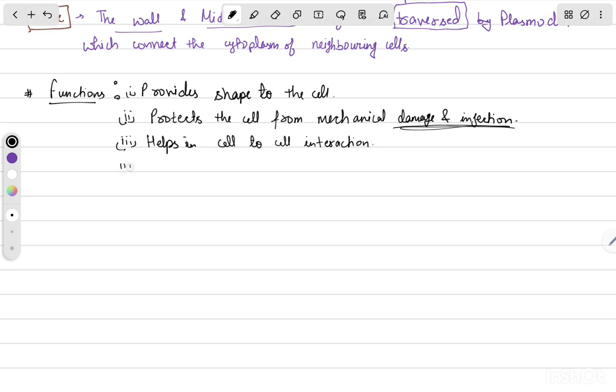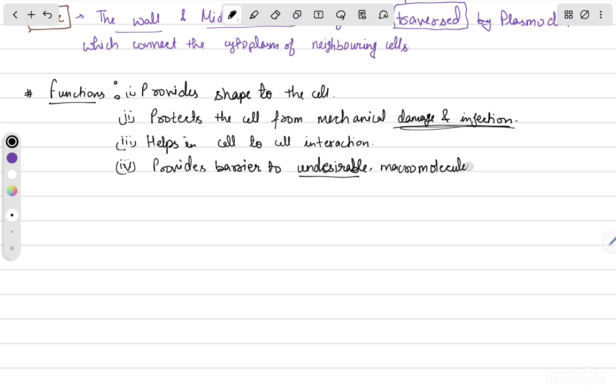And it provides, since it is outer covering of the cell, a barrier to undesirable macromolecules, which are not required by the cell. Undesirable means which is not required by the cell. There are two types of molecules, macromolecule and micromolecule.